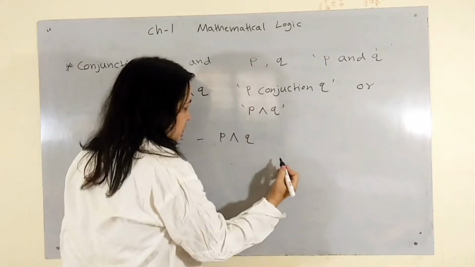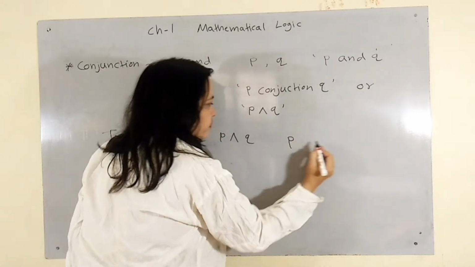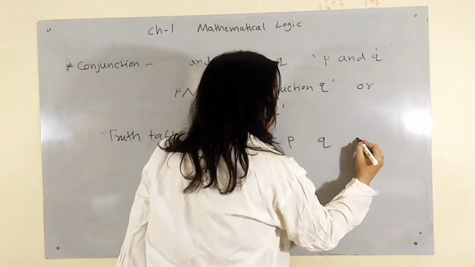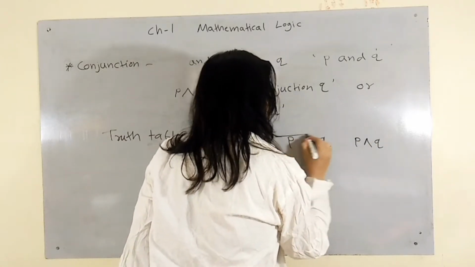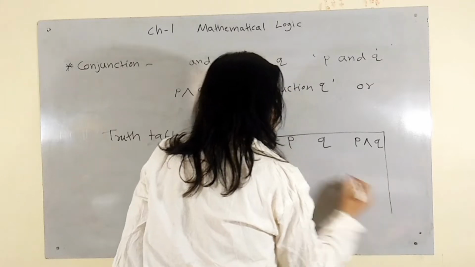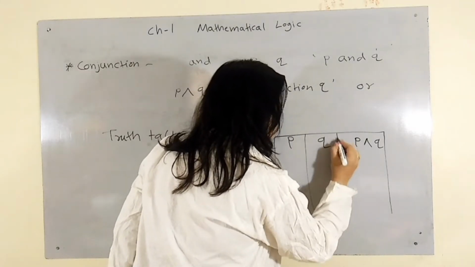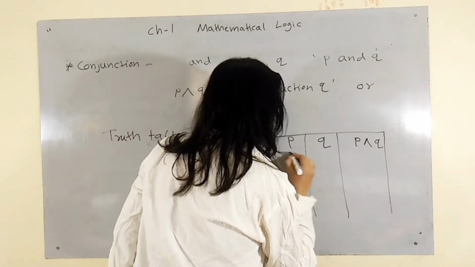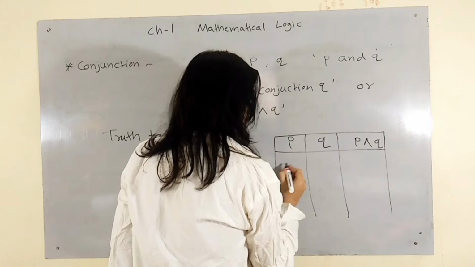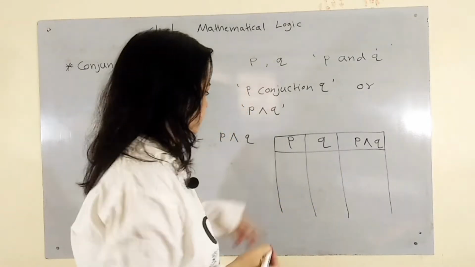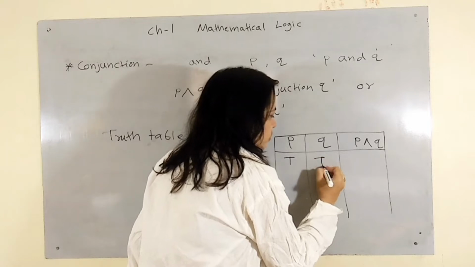So here we take different values of P and Q. Here P, Q and P and Q. So for P we take true, Q true.